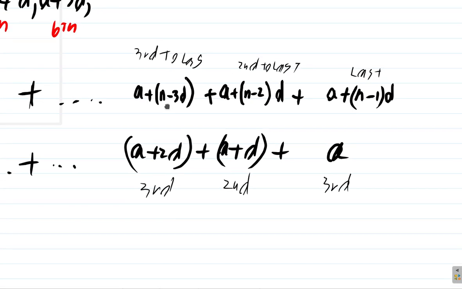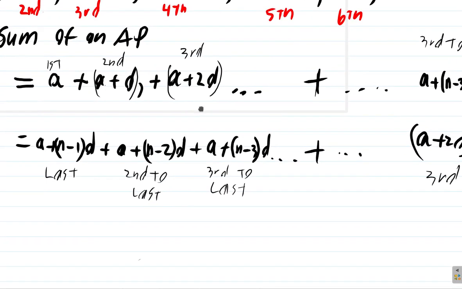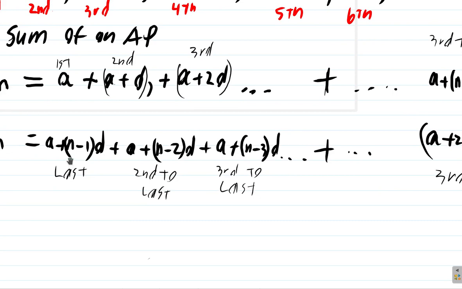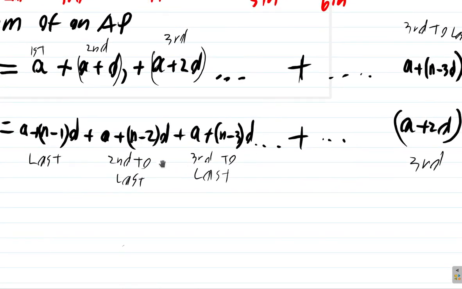We rewrite the same thing, but we switch them around. The last term is A plus n minus 1D. We put it first, A plus n minus 1D, plus the second to last term, A plus n minus 2D. So we put that here, plus the third to last, A plus n minus 3D, plus.